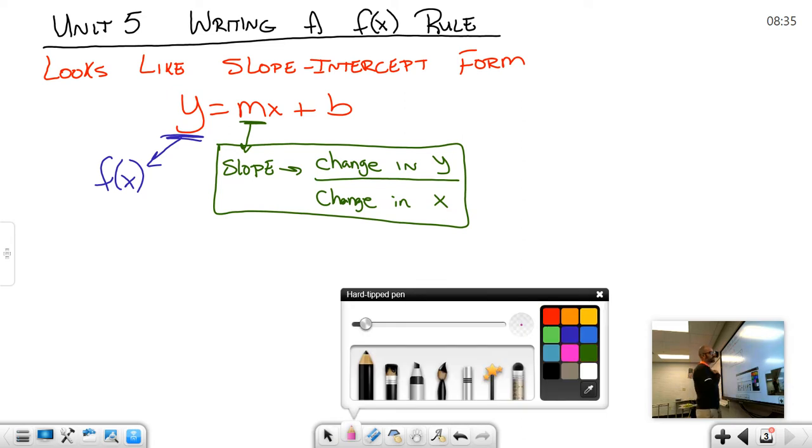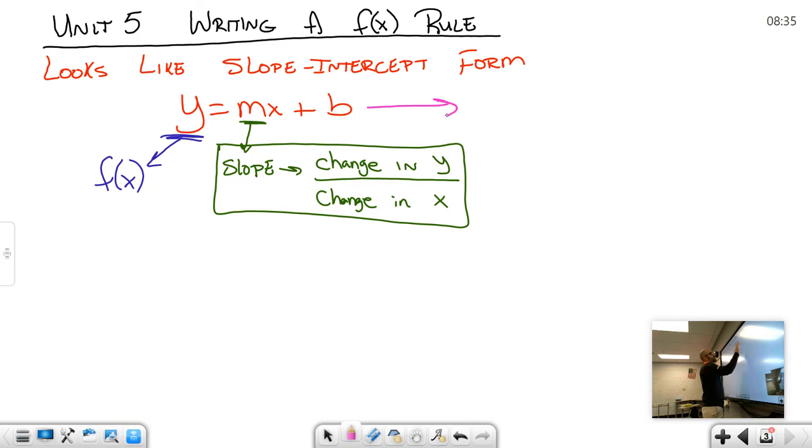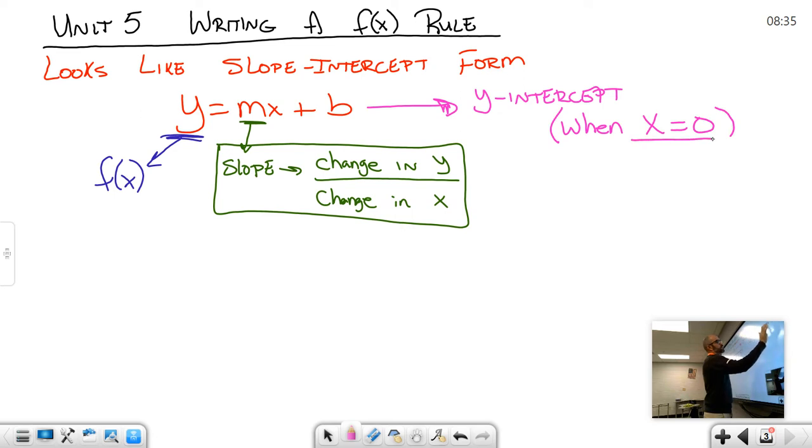And my last portion here, this b, this is what we call the y-intercept. And for the y-intercept, there's only one rule to remember. It's when x equals 0. And I want you to put a box around the x equals 0.